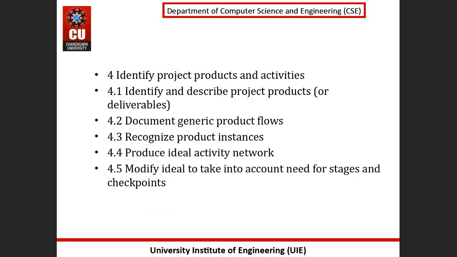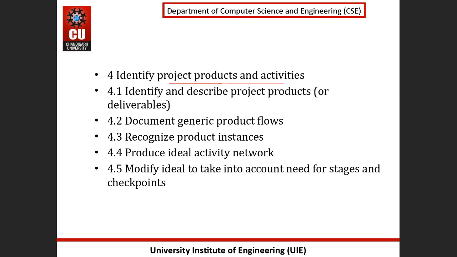And the fourth step we have is identify the project products and activities. So in general, there can be no project products without activities. If we are producing something, then there will be activities. Clear?